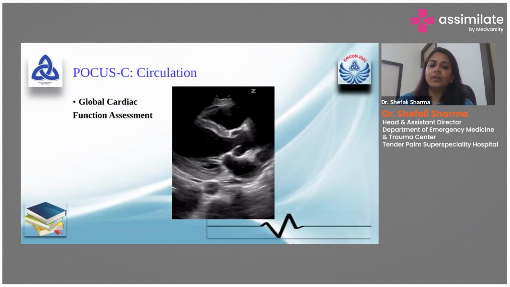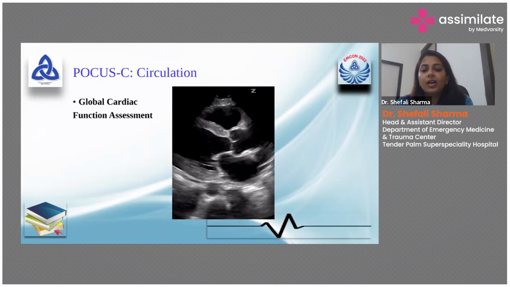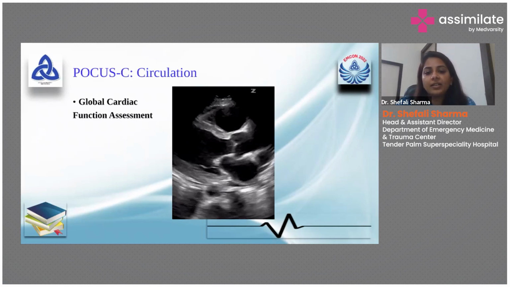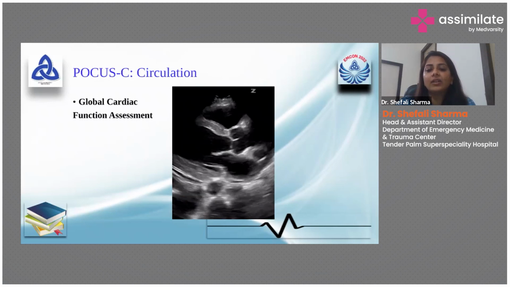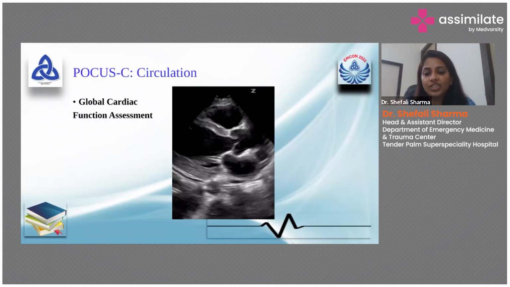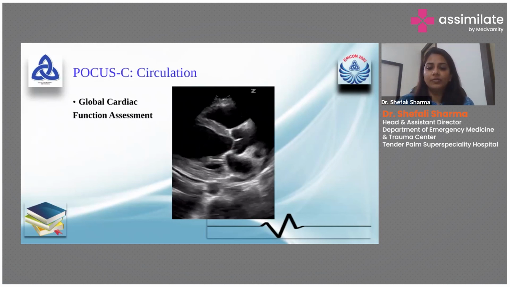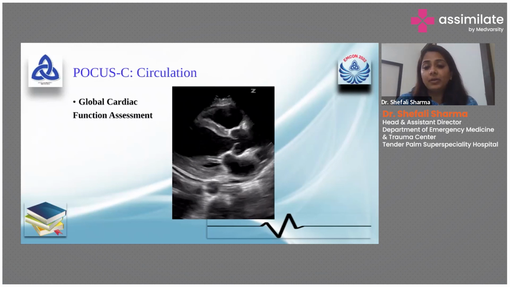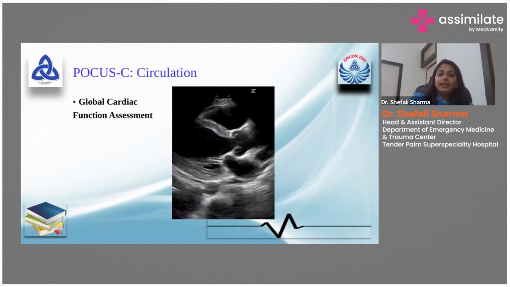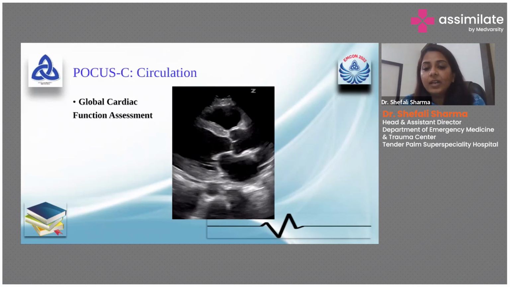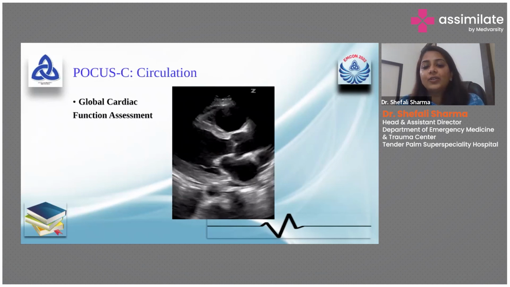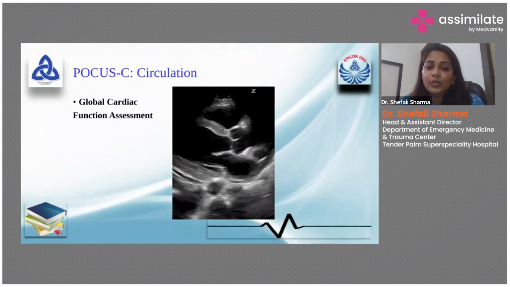If you see this clip, the upper part, the triangular chamber, is your right ventricle, the uppermost part. Then the middle part is your left ventricle, which is opening into the aorta.